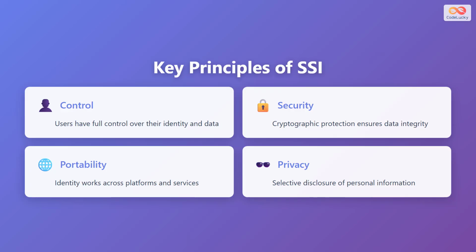Your identity works seamlessly across different platforms and services. You're not locked into any single system or provider. And fourth is privacy. You can selectively disclose only the information that's necessary for a given situation. For instance, you can prove you're over 18 without revealing your exact birth date. These principles work together to create an identity system that truly serves the individual.